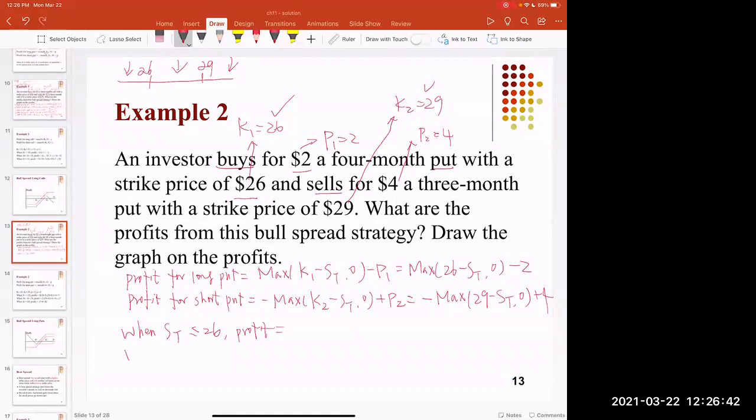When stock price is between 26 and 29, calculate the profit. When stock price is greater than 29, calculate the profit. So you continue, okay? Let me know if you have a question.